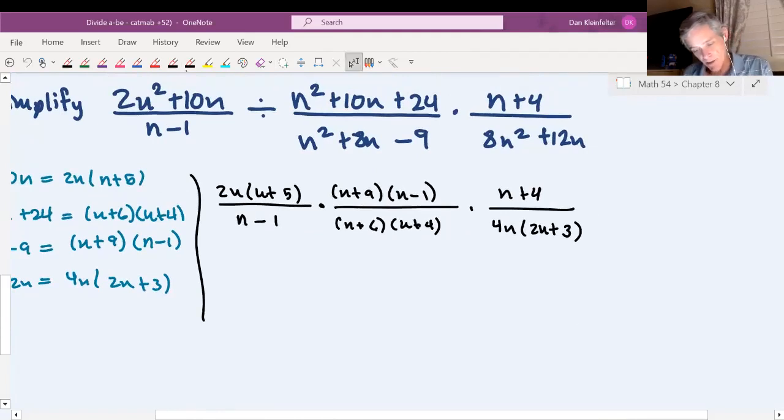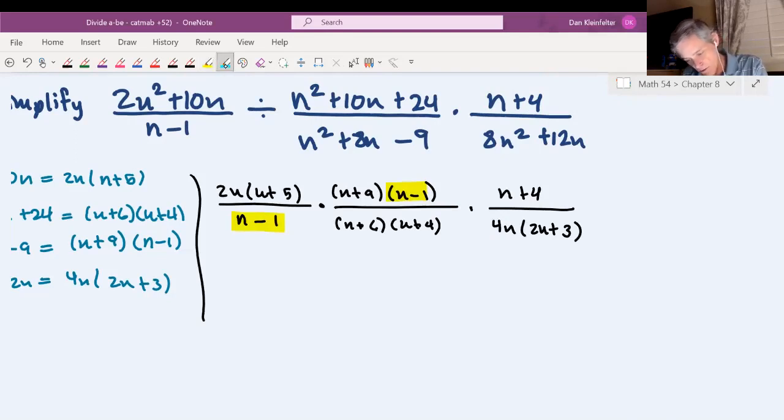And then at this point, if we're lucky, we should start seeing some things that divide out. So it looks like an n minus 1 divides out here. I think I see an n plus 4 as well. And then I see 2n and 4n. So that is divisible by 2n.